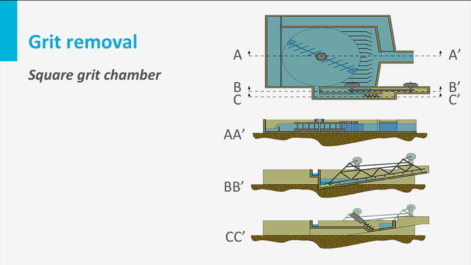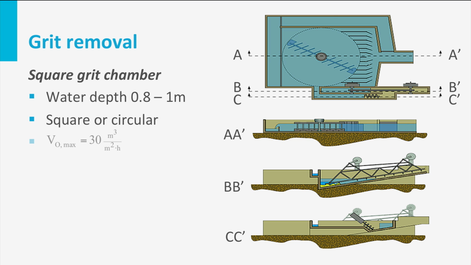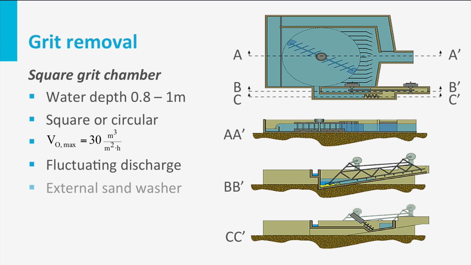Some design features of a square grit chamber are: the water depth is 0.1 to 1 meter, tanks can be square or circular, maximum hydraulic surface load is 30 cubic meter per square meter per hour or 30 meter per hour.